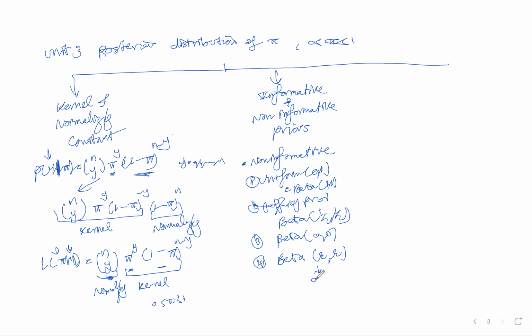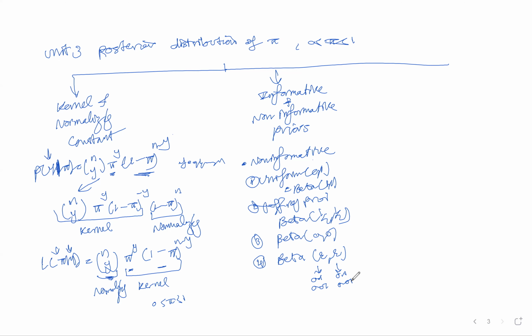It's like beta 1, or beta 0, 1, some small value. All these are non-informative priors. So uniform 0, 1, which is beta 1, 1, is a non-informative prior. Jeffreys prior is a non-informative prior. Beta 0, 0, and beta epsilon, where epsilon is a very small value, are all non-informative priors.